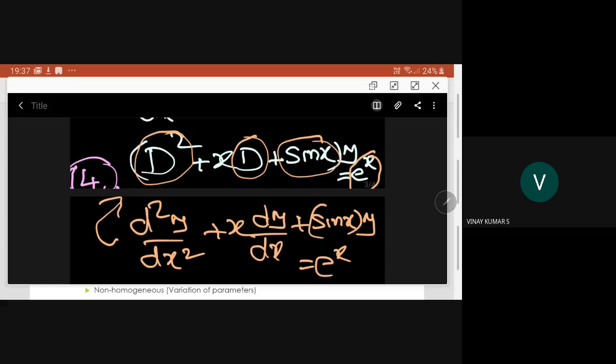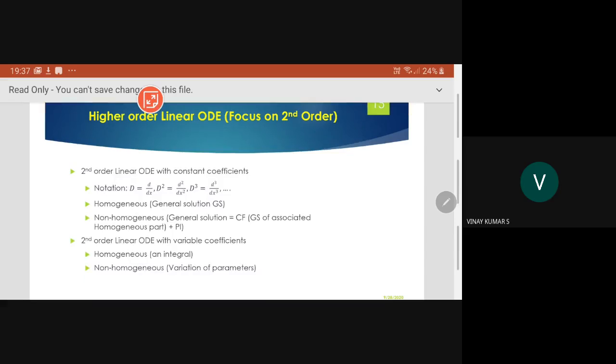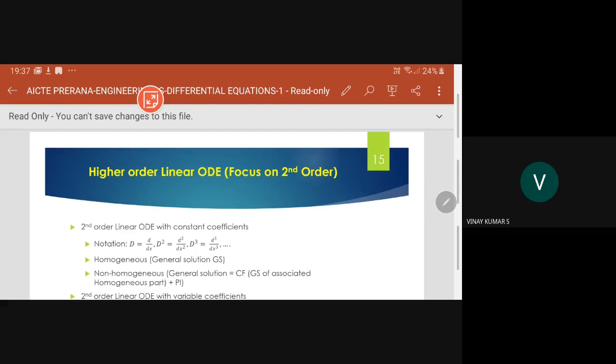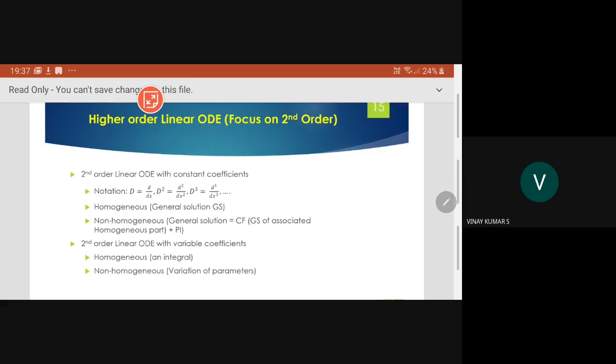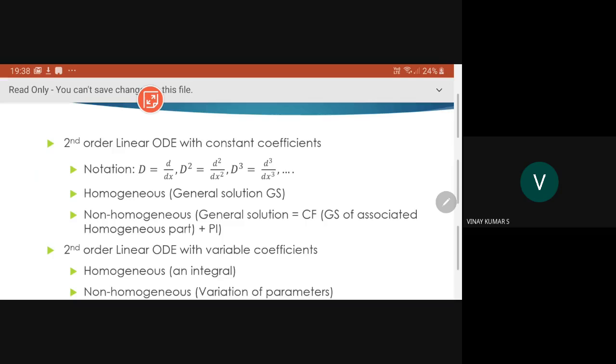Okay, so if you go to this, so about here, we are focusing on second order ODE. I clearly explained the notation here about capital D square, etc. And then we talked about constant quotients and variable quotients.